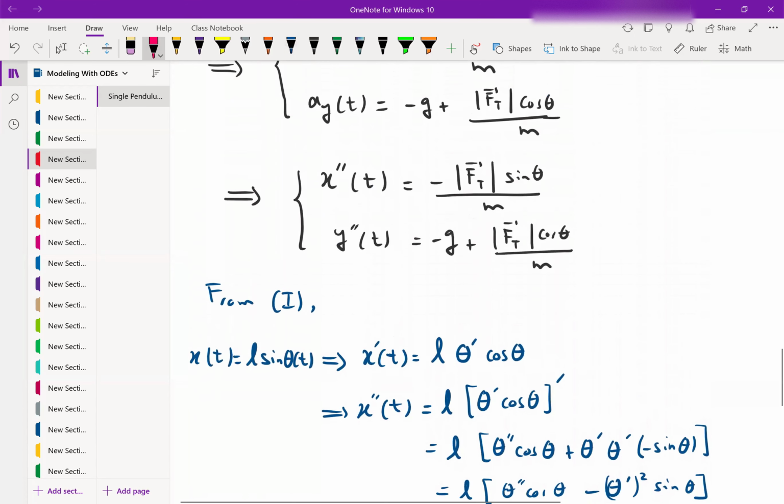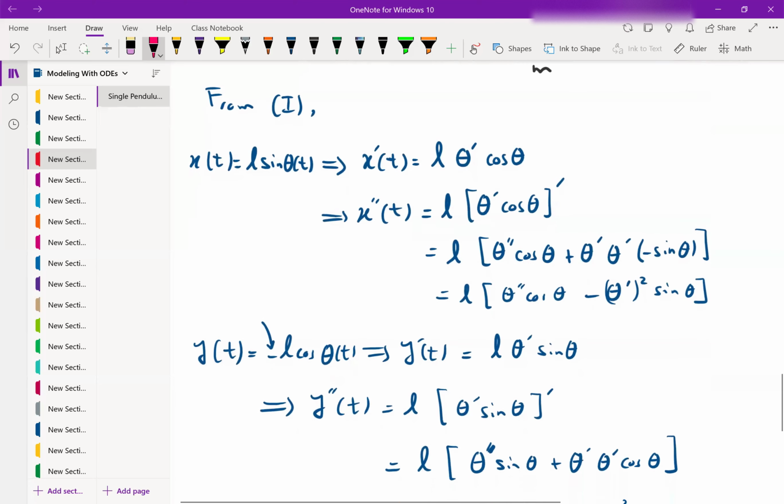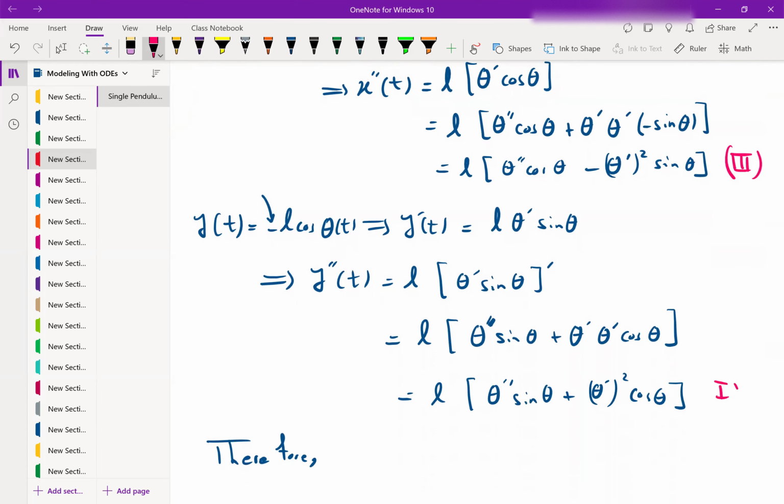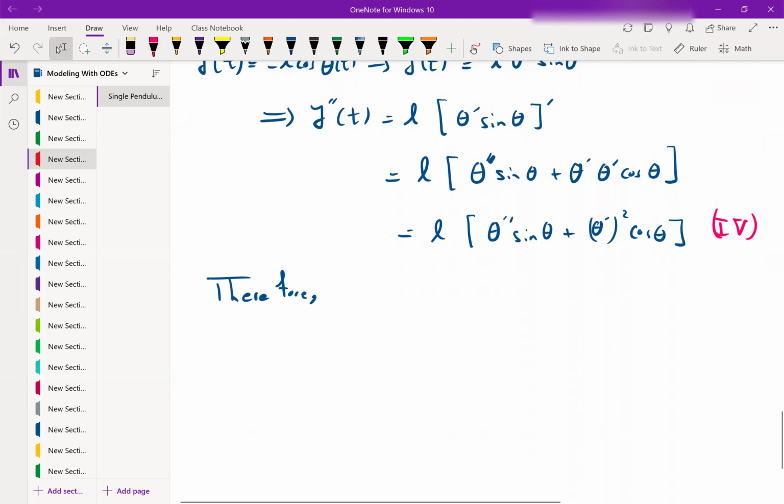I'm going to call this 2, then the formula for x double prime 3, and the formula for y double prime 4. So now putting 2, 3, and 4 together, what they will tell us is as follows.